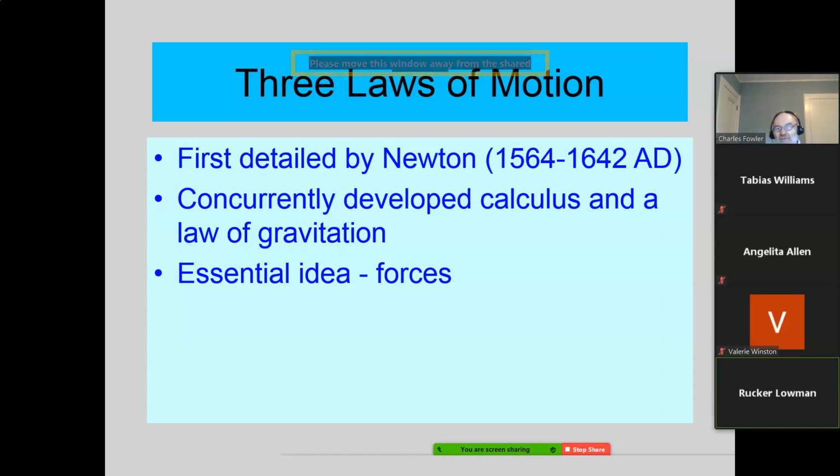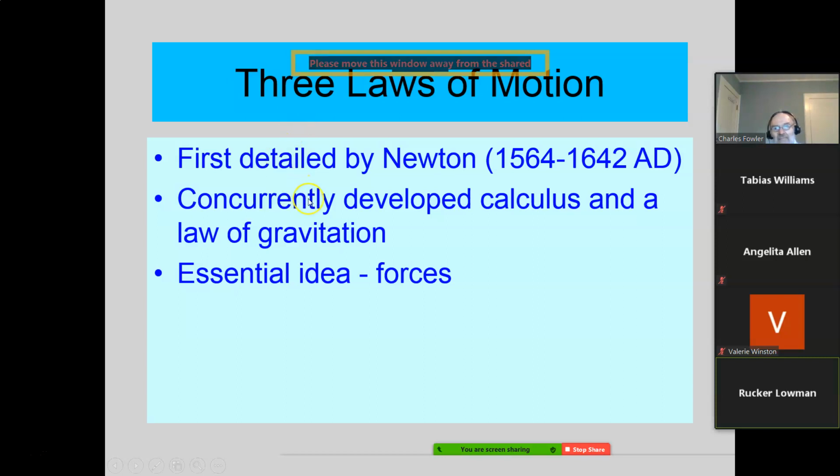Newton read his work, detailed it, fixed it up, added a few words and caveats to it, and made it a bit more precise. And then he came up with the next two laws as well. Newton did. That wasn't Galileo. So they're usually attributed to Newton, though the first law of motion came from Galileo's law of inertia, is what they call it.